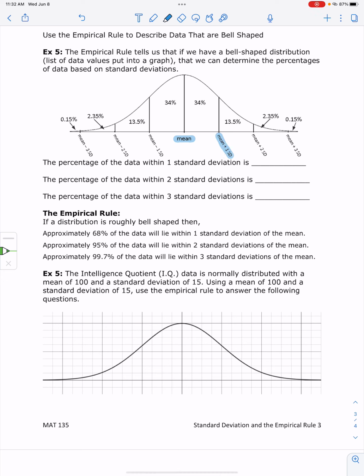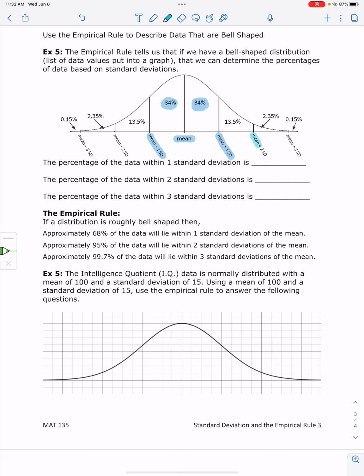If I go one standard deviation above the mean, I know that I will hit approximately 34% of my population. 34% of my population lives in that space between the mean and one standard deviation above. It's the same if we go below. Again, here's the symmetry. 34% of the population will live in that space between the mean and one standard deviation below. Symmetric, so same above and below.